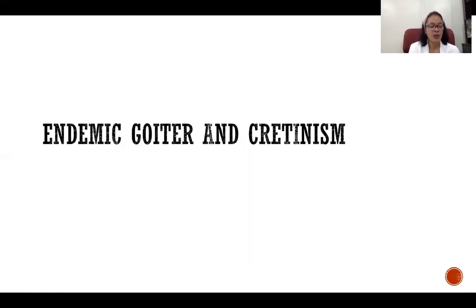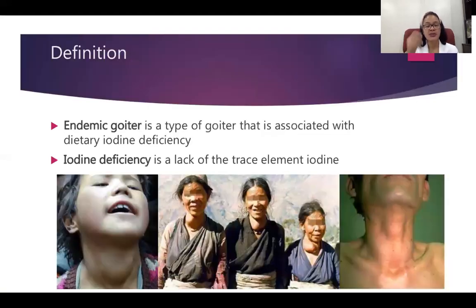Okay, so let's go now to endemic goiter. When you say endemic goiter, it is a type of goiter that is associated with iodine deficiency.